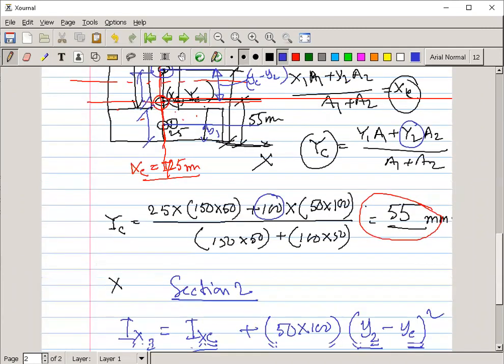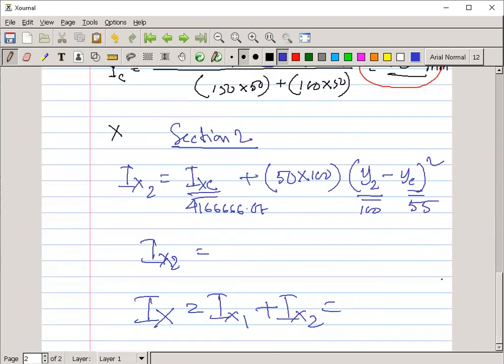Is it clear? Anyone have any question? Student, please reply. Is it clear or is there some confusion?